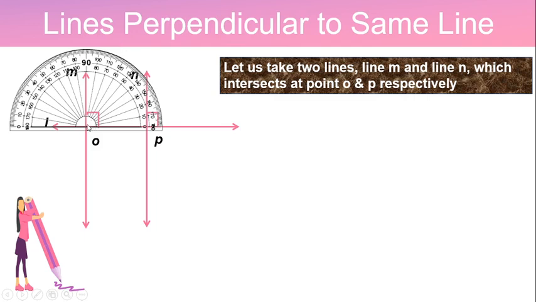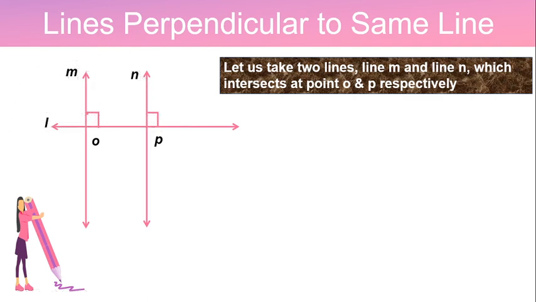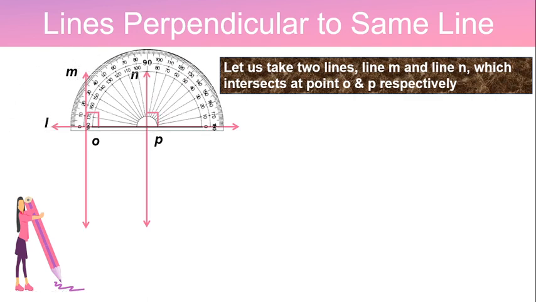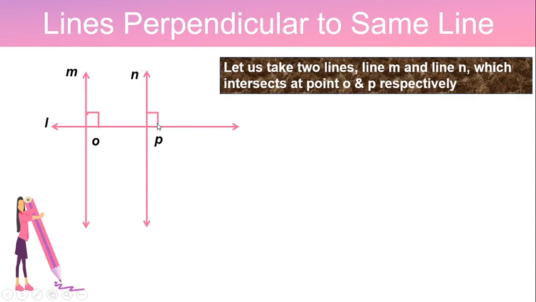What do you observe? The angle is 90 degrees, or we can say it is perpendicular. Similarly, measure the angle of N with L. Again, if you measure it with the set square, you will see the angle is 90 degrees.